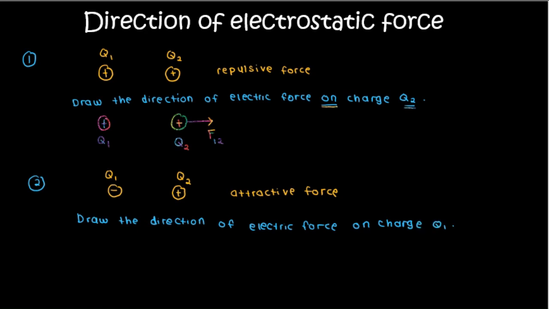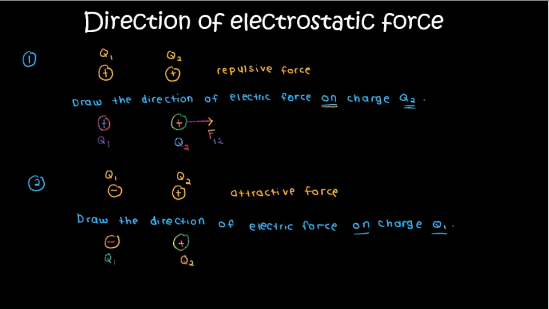As I said just now, you refer to the word on. On means which charge it refers to. So on charge Q1 means that your direction of force is on charge Q1 only. So we draw back negative Q1 and positive Q2.